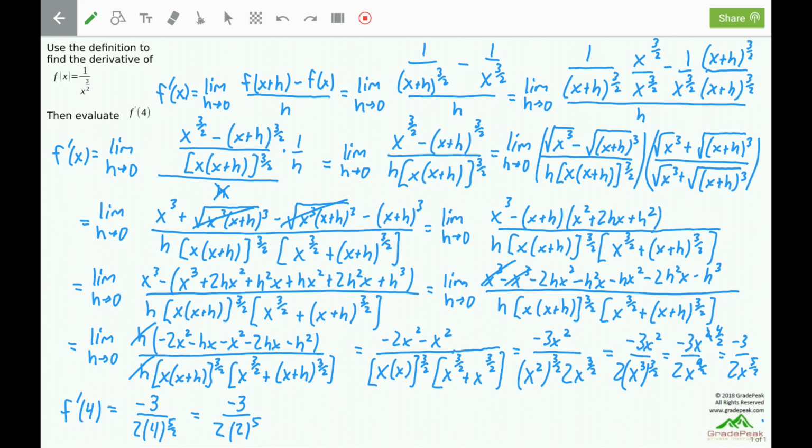Or you can raise it to the 5th power and then take the square root, but it's easier to do the square root of 4, which is a 2, and just raise that to the 5th power. 2 raised to the 5th power, 2 times itself, 5 times is a 32. And I have negative 3 over 2 times 32, which is a 64.